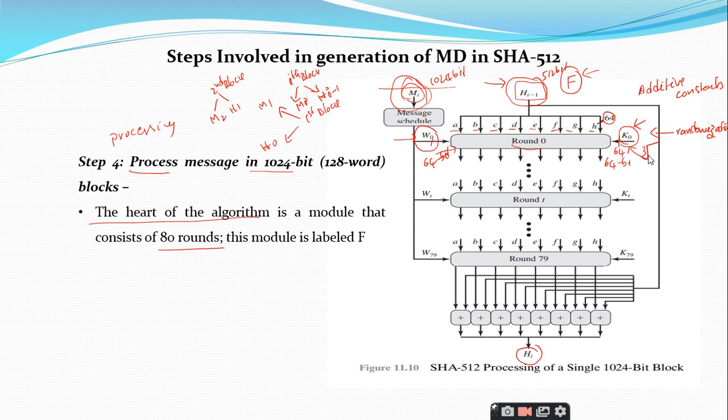That is the logic they have used. Why we require these additive constants: the constants provide a randomized set of 64-bit patterns, so they generate different 64-bit patterns.